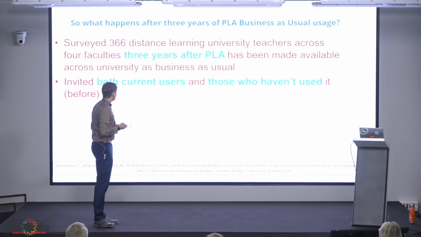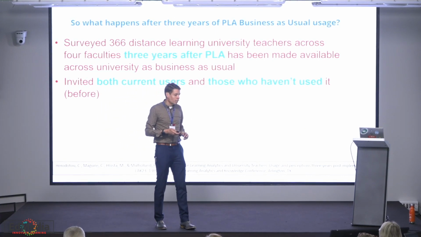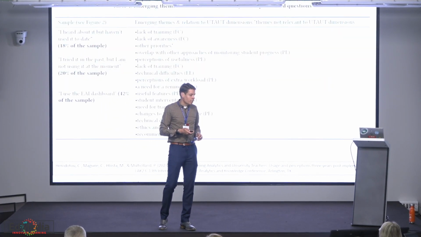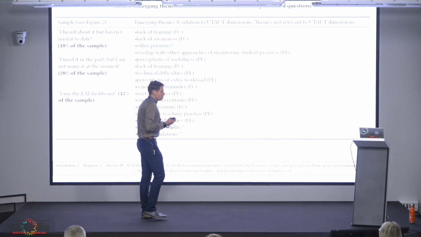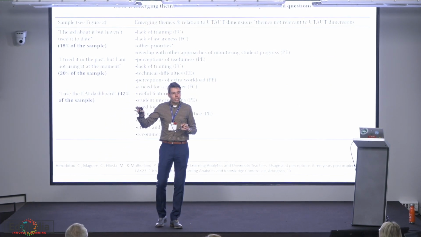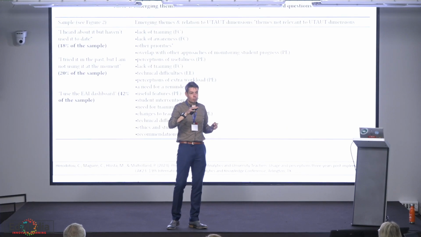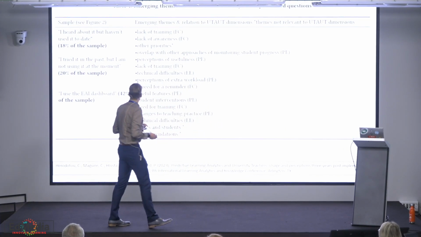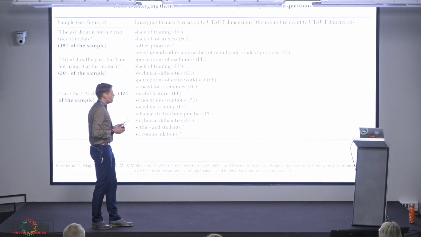So we did a follow-up study 3 years after we did this large-scale implementation, and we basically identified 3 types of teachers. So these teachers were using the OU Analyse Early Alert Indicator system, and then after 3 years, some of them, in this case 18%, didn't use it anymore. They were basically saying, well, I've heard about it, but I haven't used it.